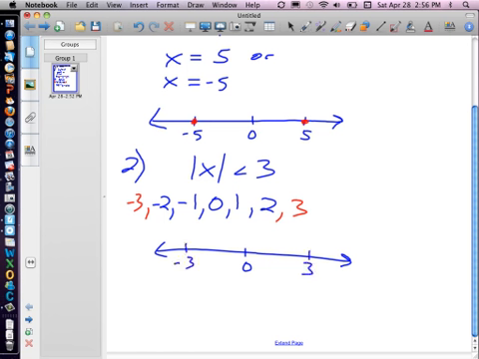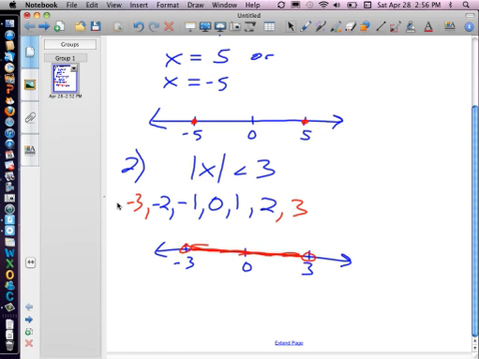Everything in between negative 3 and 3 would be an answer, and you can just logically put it in and see if that works. Negative 2, the absolute value, so 2 is less than 3. That's correct. But negative 4, for instance, would not work because 4 is not less than 3.